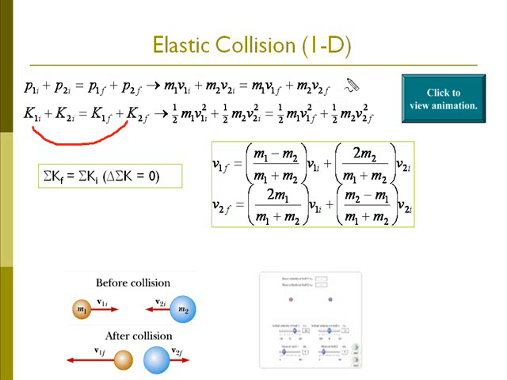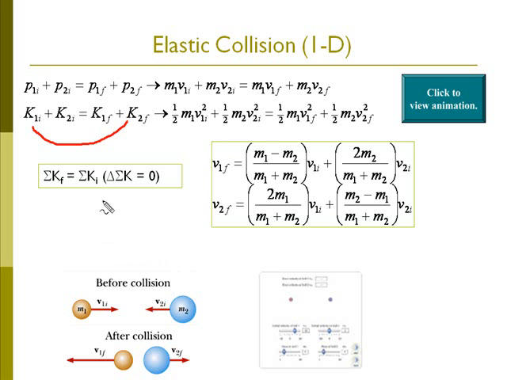In fact, our book shows us the derivation of the terms, but here I will just give them to you. It basically works out that V1 final is related to V1 initial and V2 initial in this form, and V2 final is again related to V1 initial and V2 initial in this form.